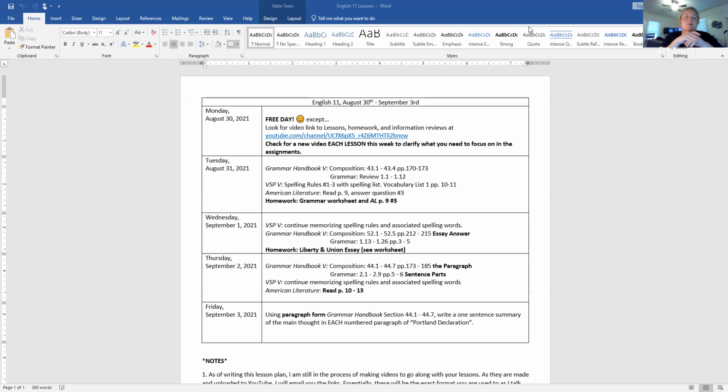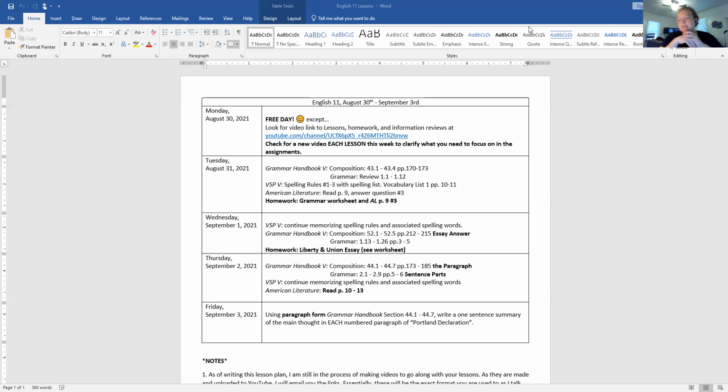I know a lot of us have probably been told that there are just a lot of exceptions in English. That's actually not true. There are rules that will always work with very, very small exceptions. So I'm going to go through those spelling rules with you. There's 31 of them, so we'll go through them throughout the year and learn them together. So we'll go over that first here in a second.